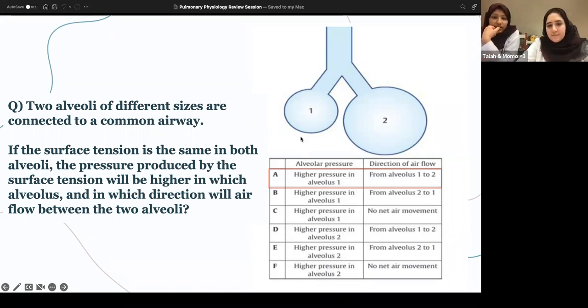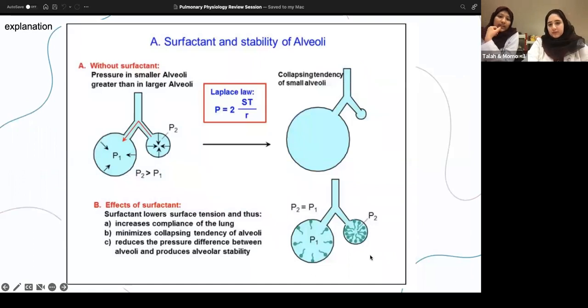So surface tension is the same in both, that's what they mentioned, and the radius is smaller in 1 and bigger in 2.